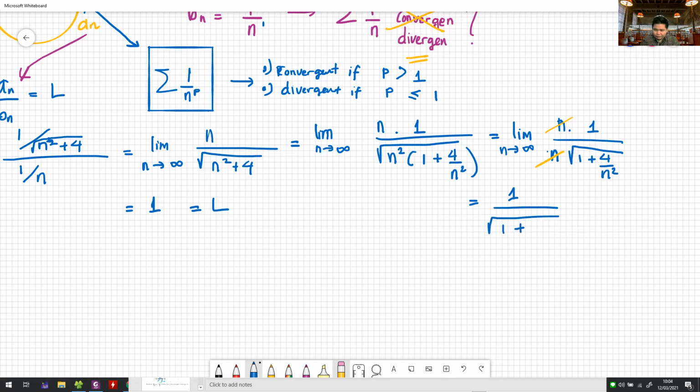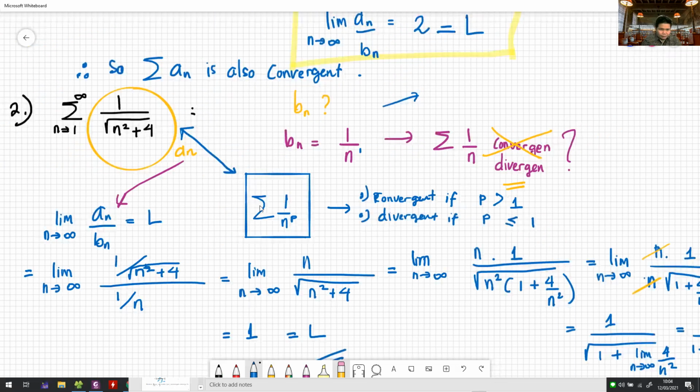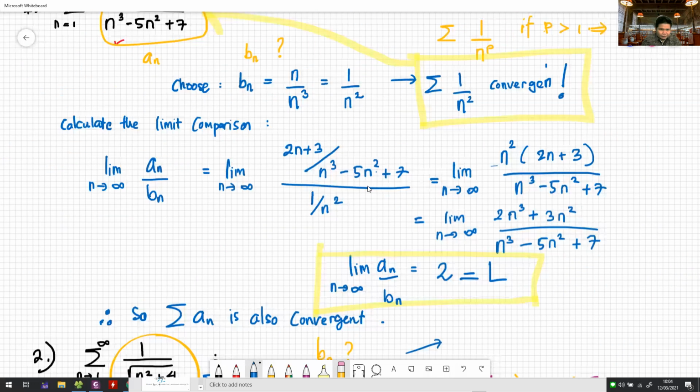Because of the linearity of the limit operator, the 4 over n squared term goes to 0 as n goes to infinity, which is 1 over the square root of 1 plus 0. Then we have actually 1. If L is 1, what do we have? If L is 1, which one do we use?